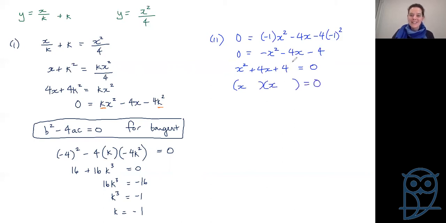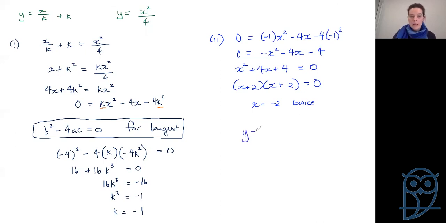4 is an easy one because it's factors of 4 that add to 4, well, 2 and 2. And they are both positive. And there's the magic. We said this was a tangent. We said this was a repeated root. And look at that. We get the same answer twice. So we know that x equals minus 2 twice. So now if we want the coordinates of P, we're going to need to have the y value as well.